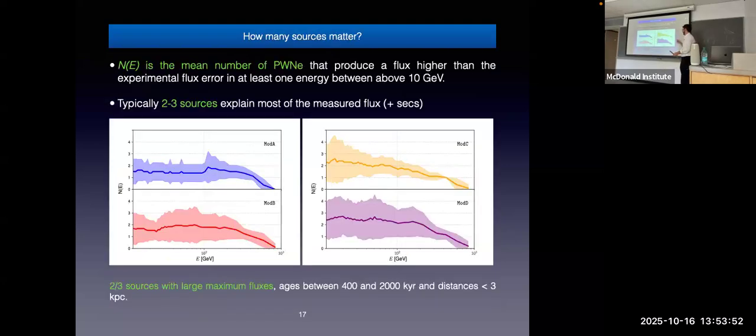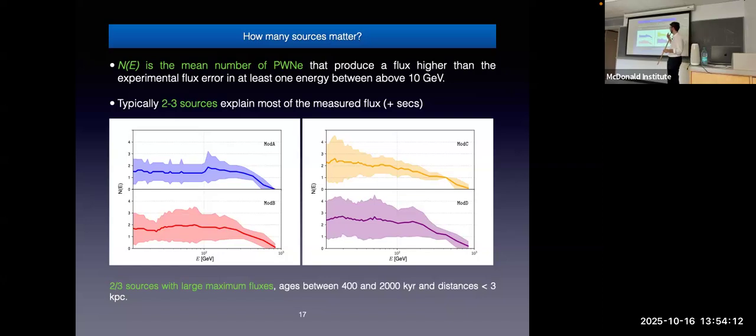So we try to quantify, in the different models that we tested, how many sources we actually need, based on a threshold method directly tuned on the uncertainty error of the AMS data that we're trying to fit. In general, we can count very few sources, 3 or 4, that do most of the job.